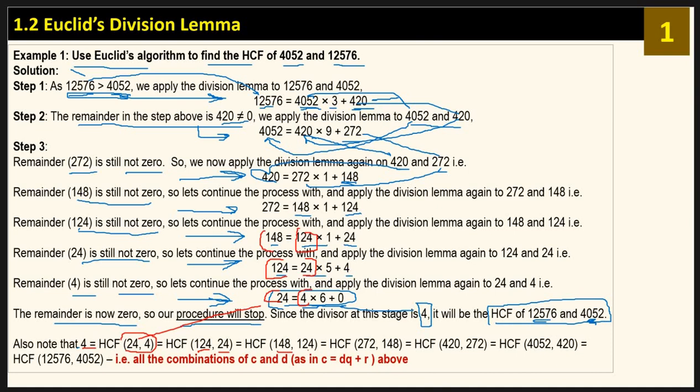So in all the combinations of divisor and remainder above, like 272 and 148, 4 will be their HCF as well. So we have solved this example, and we have found the HCF of 12,576 and 4,052 as the number 4.